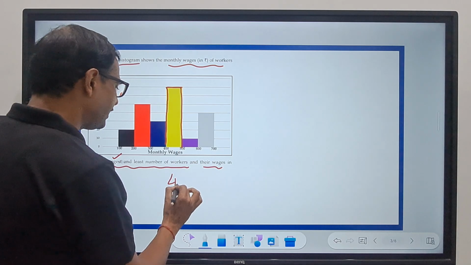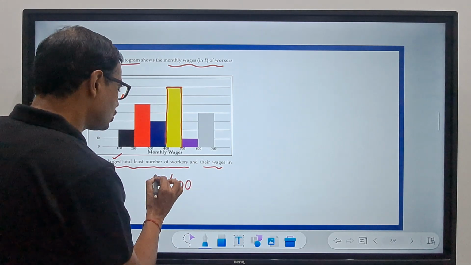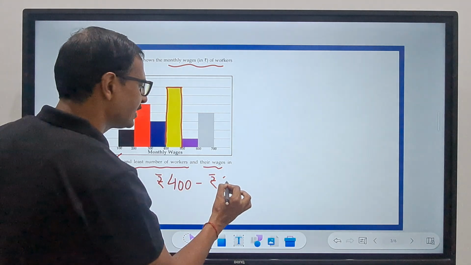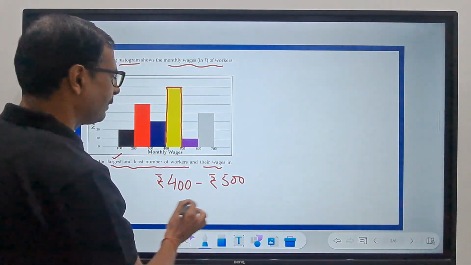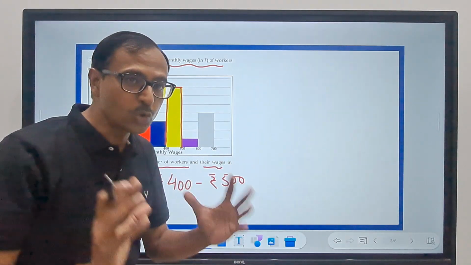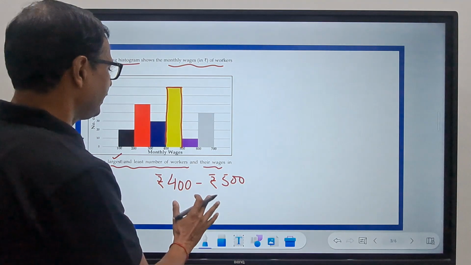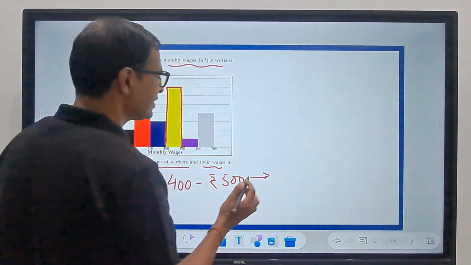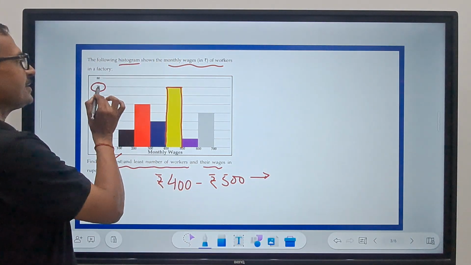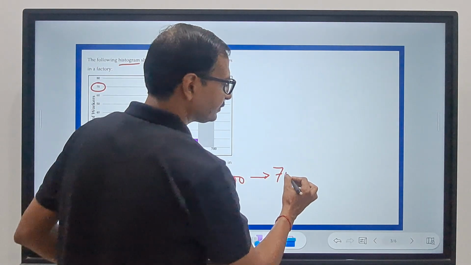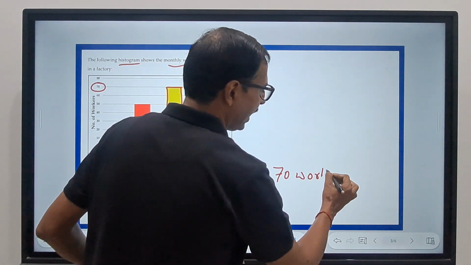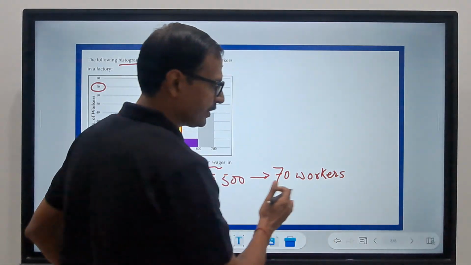That means between 400 rupees and 500 rupees is the most prevalent monthly wage. And how many workers have this range of wages? It is 70 workers. So this is the highest number of workers.